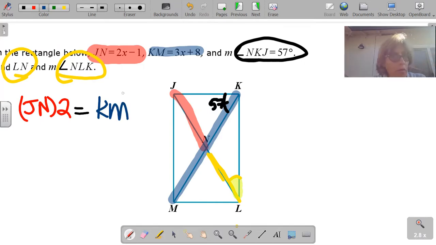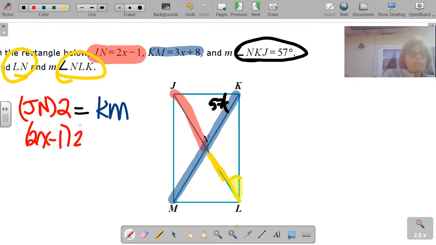The red is half of the blue, or the blue is double the red. It's easier to work with blue double the red. There's your equation. Now, solve for x.